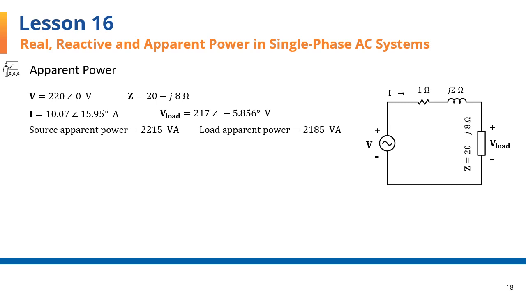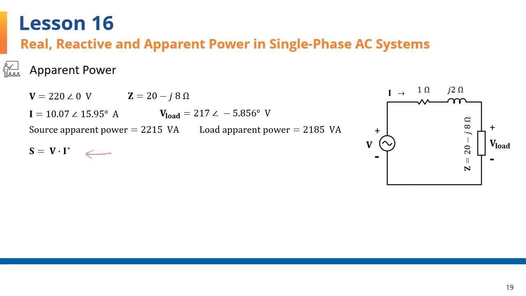Complex power is found in one of 3 ways. It's found by multiplying voltage phasor by complex conjugate of the current phasor. That's one way, seen here. Or we can find it by multiplying square of the magnitude of the current times the impedance.